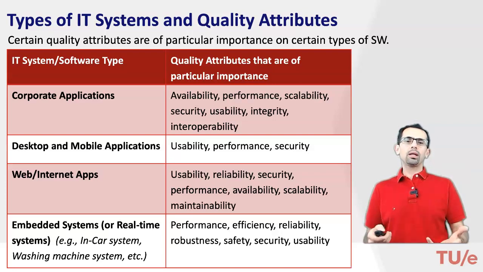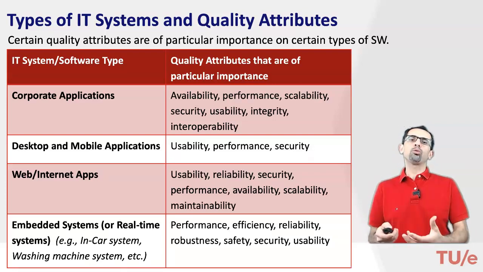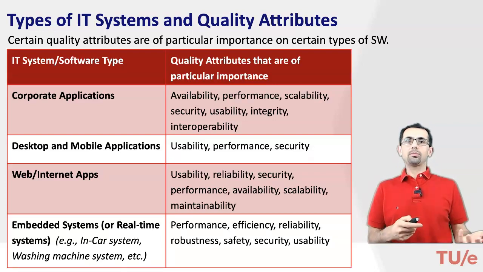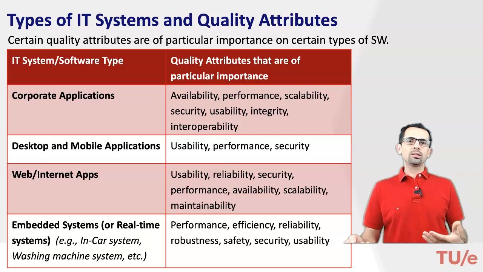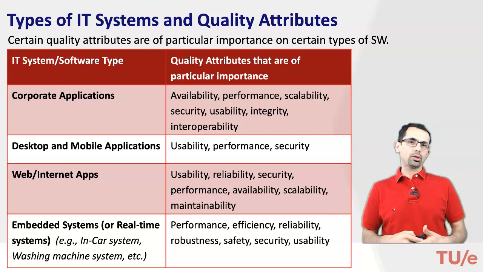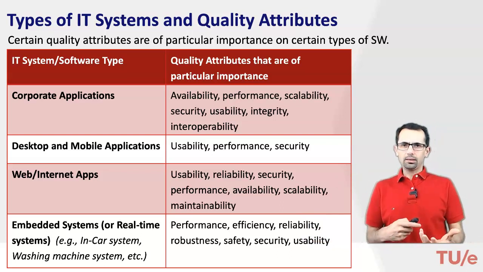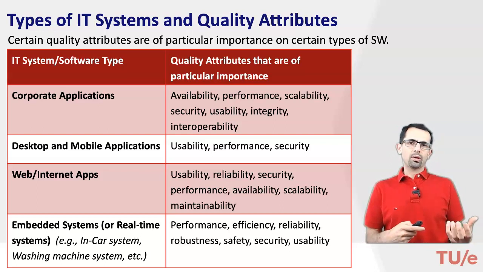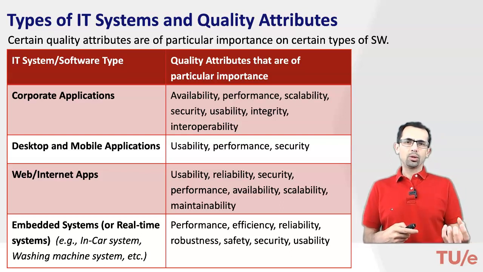Certain quality attributes are of particular importance for certain types of software or IT systems. For instance, for corporate applications, ERP systems, CRM systems, production planning systems, and so on, those quality attributes will be very, very important.